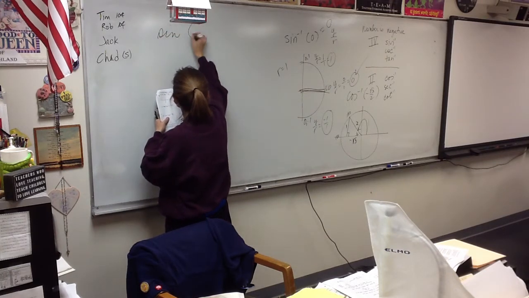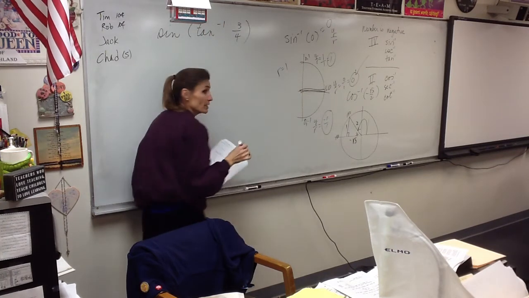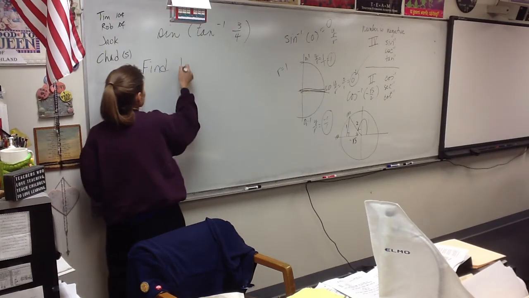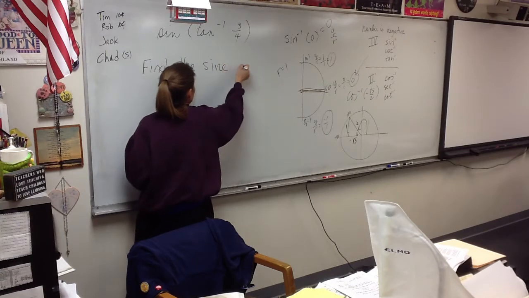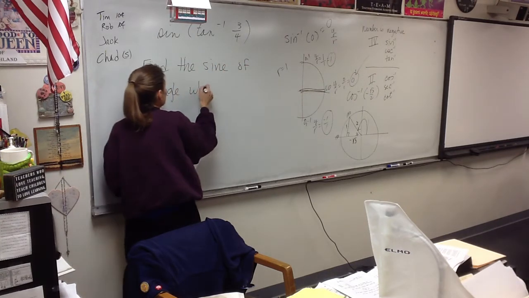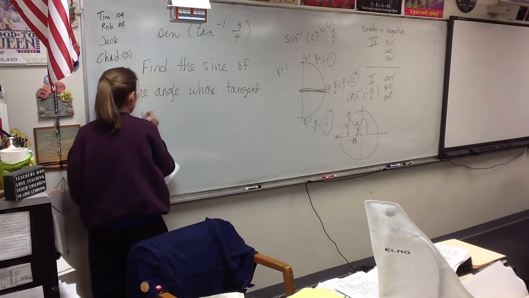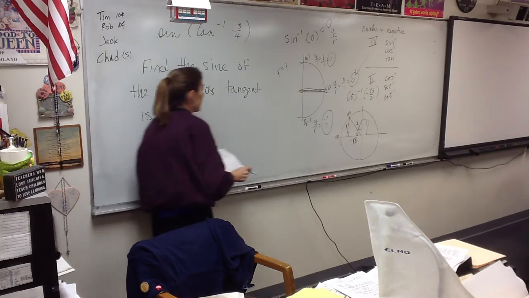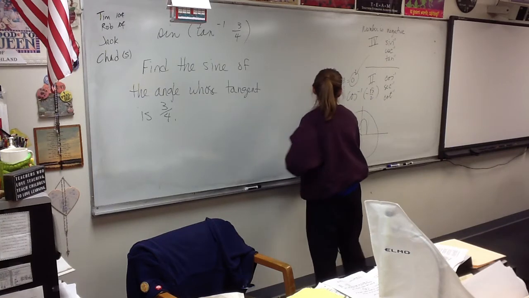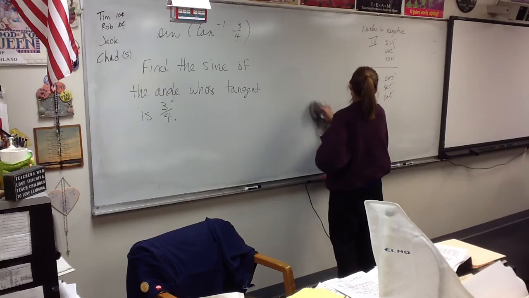Let me read this to you. Or actually, I'll write down what it says as I read it. It says, find the sine of the angle whose tangent is 3/4.